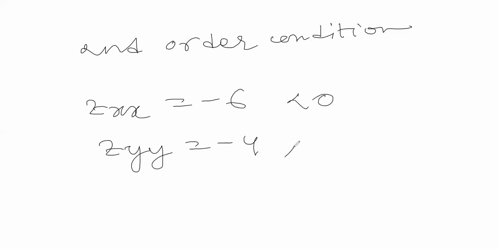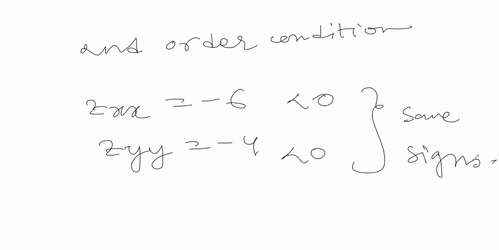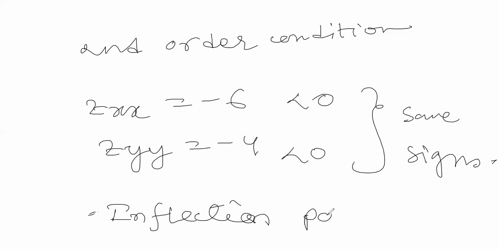Both are less than 0, carrying the same signs. So what is our decision? As the third condition has not matched, but the second order condition is having the same signs, that means the function is at its inflection point. The function is at its inflection point.